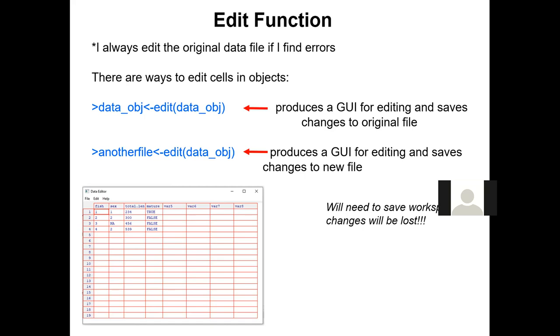So I don't use this as a function at all. If I have values I want to change, if there are errors, I just go back to the original data and change them. So this is one way, besides using the notation scripts that we just showed.